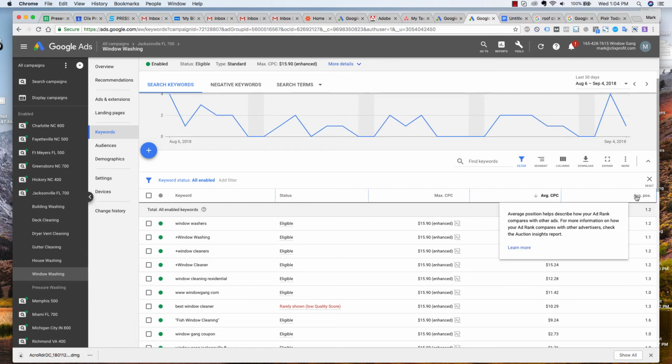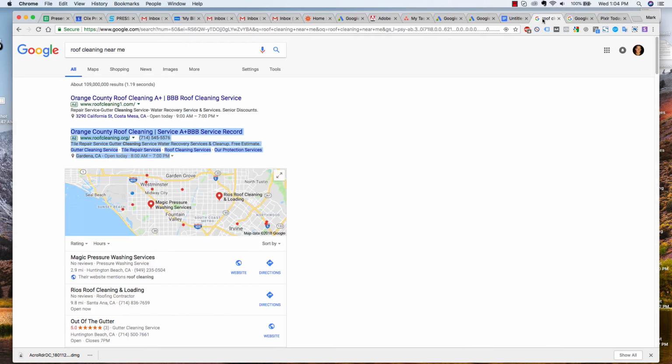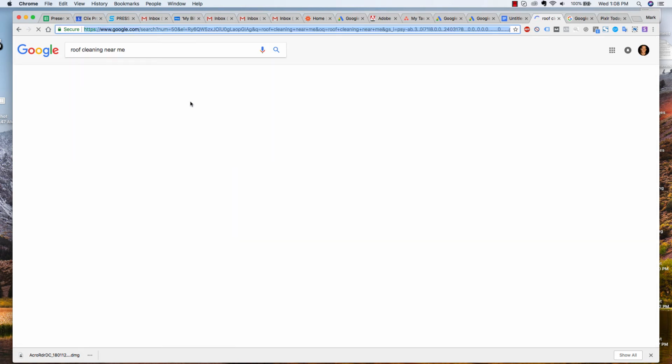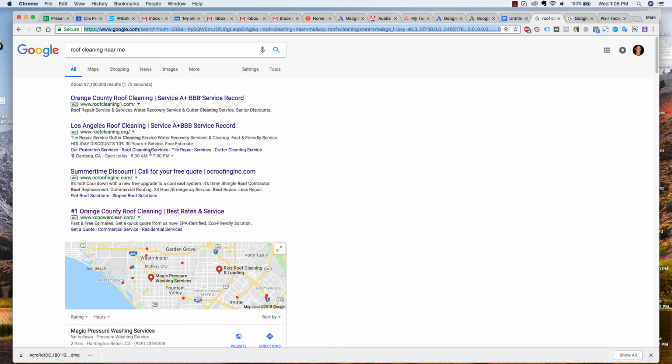And if you see here where it says average position, well, what does that mean? Every time you do a search, the ad shows up in a different spot.